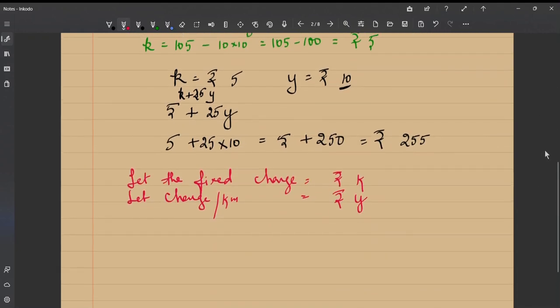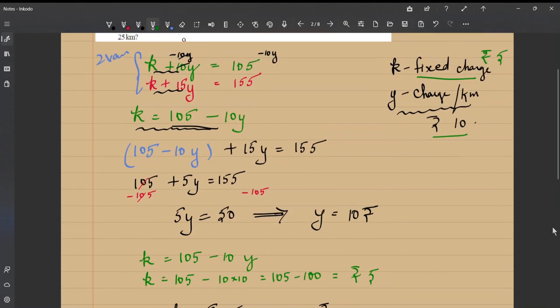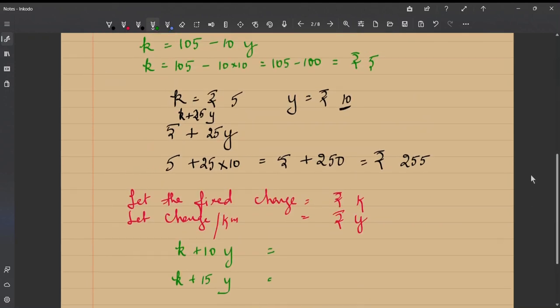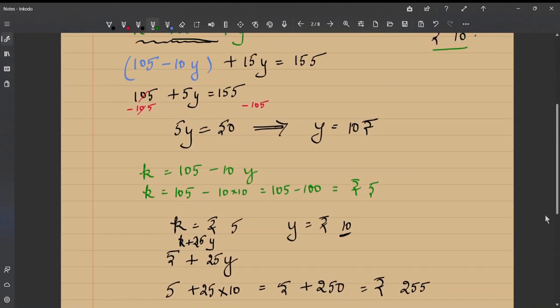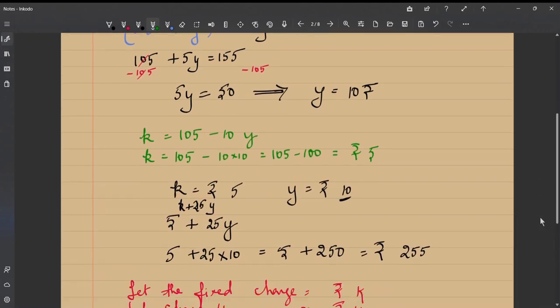What are the equations? Your first one was, it was given that K plus 10y was something. It was also given K plus 15y was some amount. So what were the amounts? K plus 10y was 105, K plus 15y was 155.